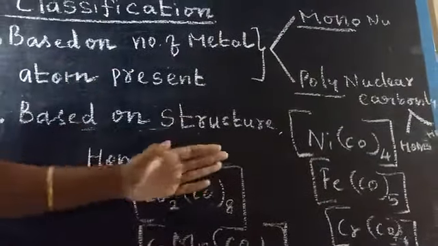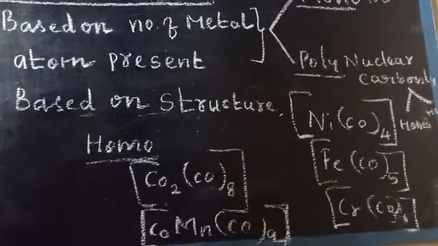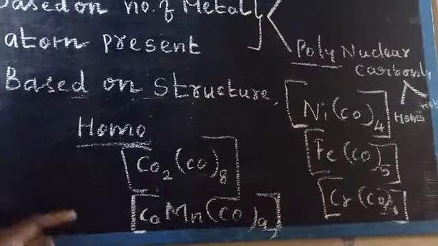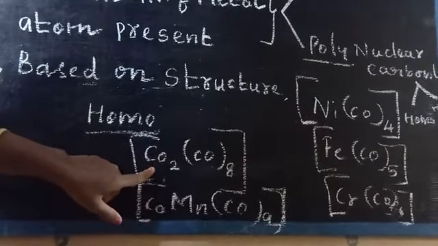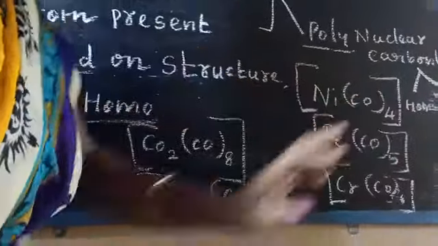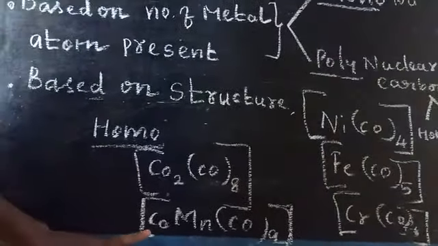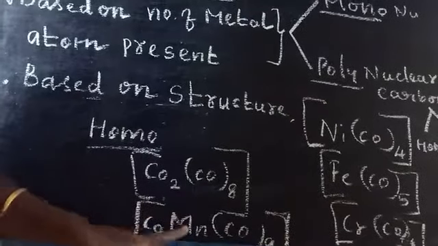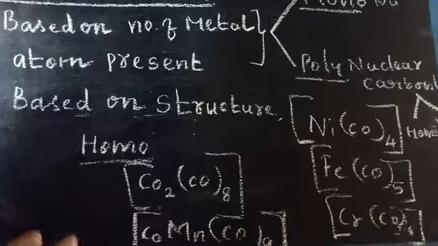All the examples contain carbonyl, the same type of ligand, so homoleptic. Same type of metal is present in the homonuclear example. In the next example, a different metal is present.